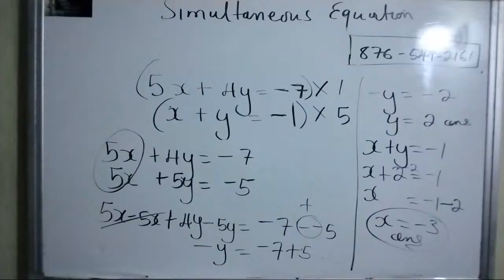So 5 times 11, 55, that's negative 55. 4 times that is 48. y is positive 12.